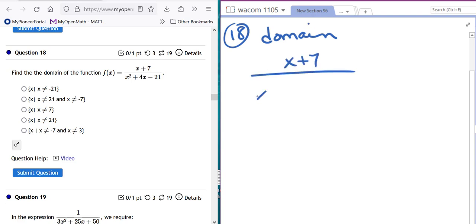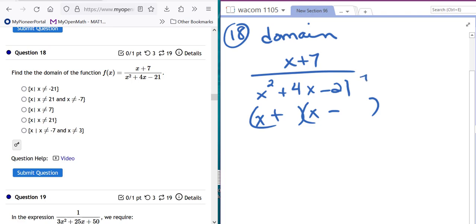So numerator is already factored. Denominator is the one we care about. So it's going to factor with different signs. And how about 7 times 3? And so we want a plus 7 and a minus 3.